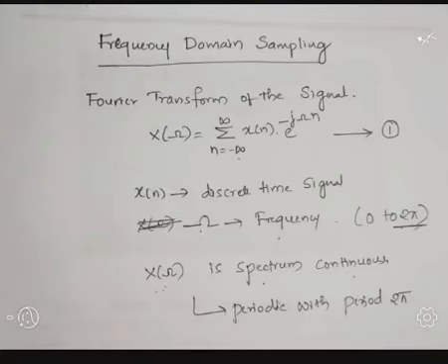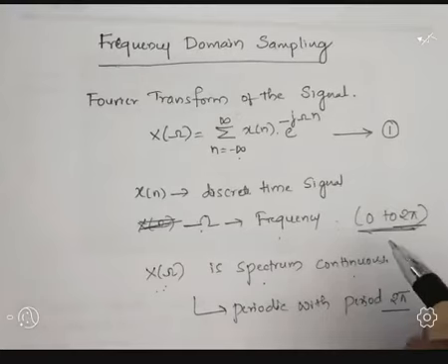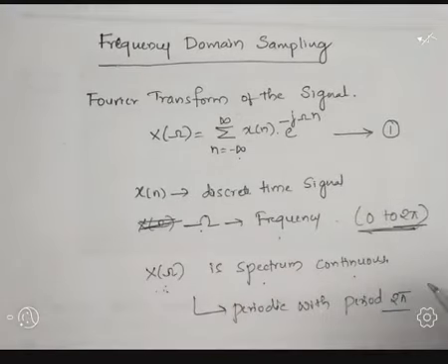Now we have to sample this spectrum uniformly. So N samples I will take between 0 to 2 pi. I am going to divide the spectrum into N samples.